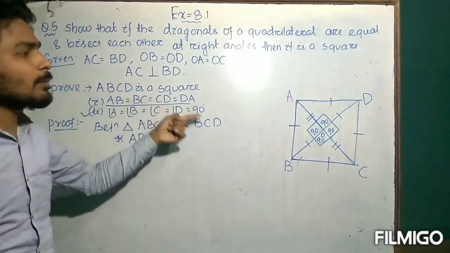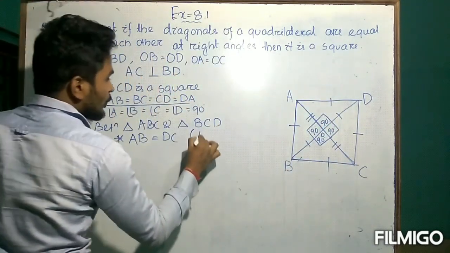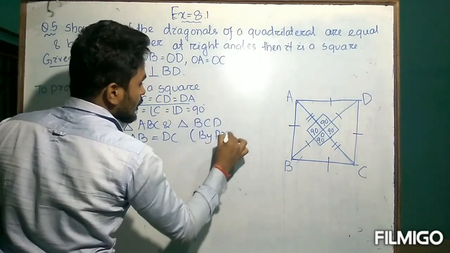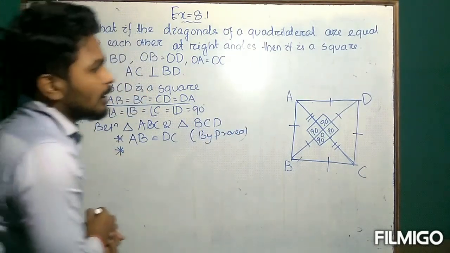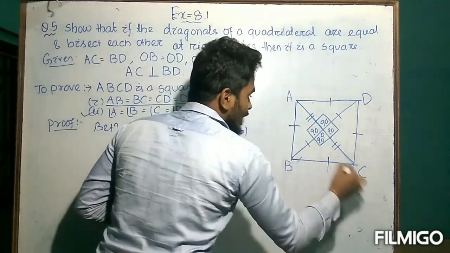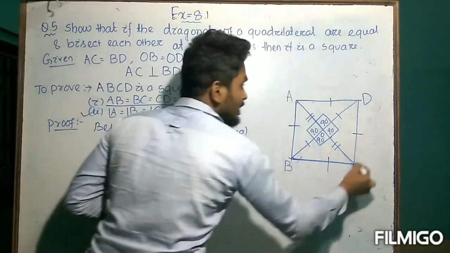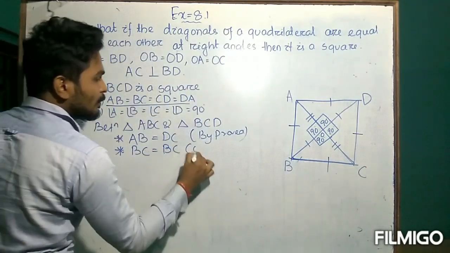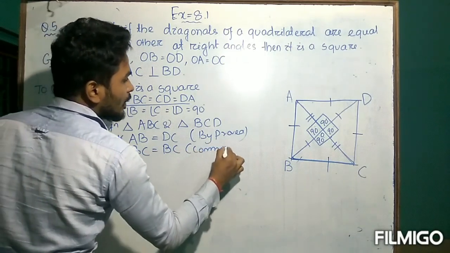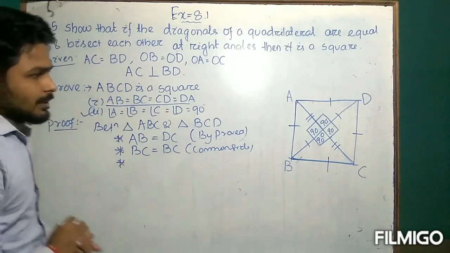Because in the first statement we have proved that all the sides are equal. So it is proved. Second condition is, as you can see, for the triangle ABC, BC is a side, and for the triangle BCD, this is also another side. So BC is the common side to both the triangles. Common side.